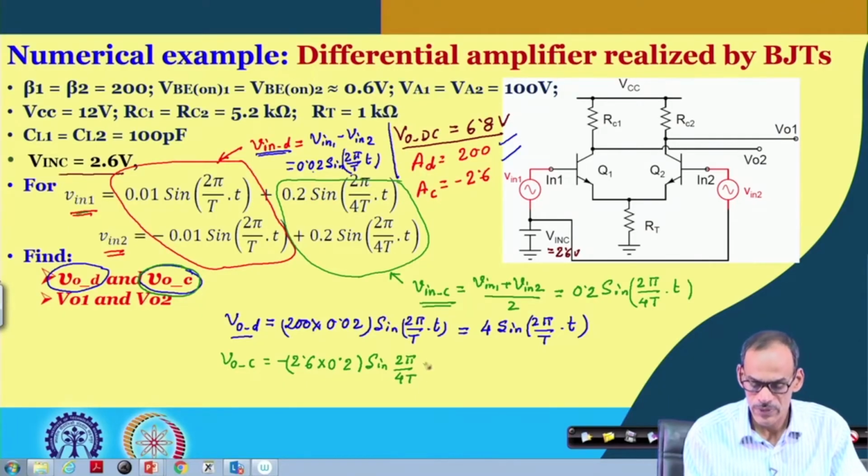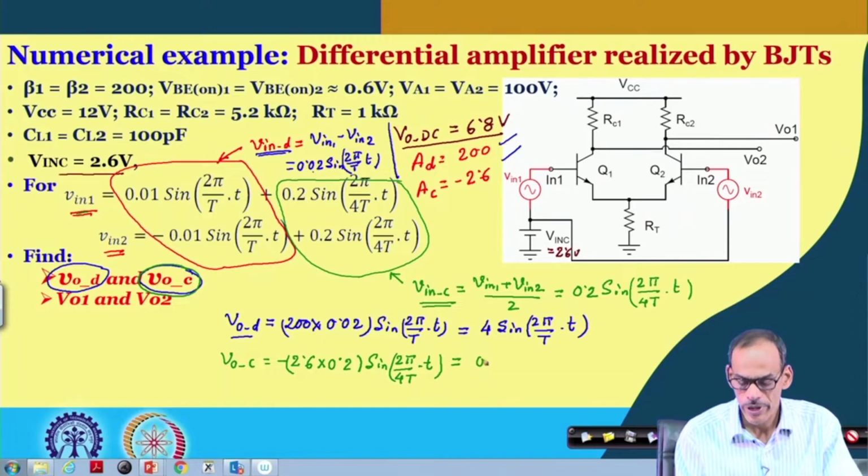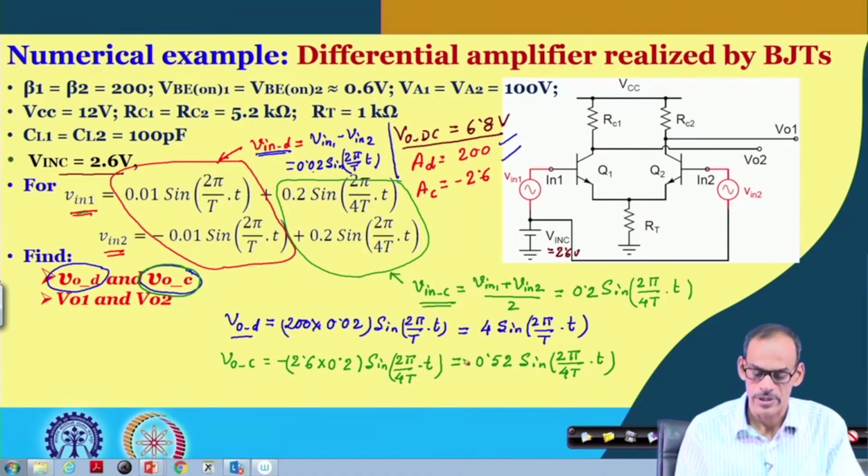It is having different frequency. So, this is equal to how much? This is 0.52 sine 2 pi by 4 t into small t, of course, with a minus sign.